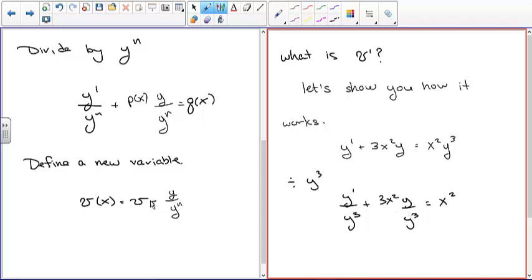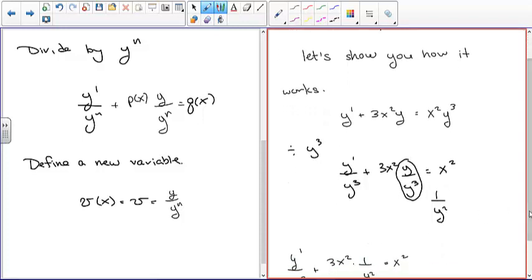Now, here I have y over y to the n. I can simplify this. This is equal to 1 over y squared. So you can always cancel out one of these with the appropriate number of the stuff you're dividing by.